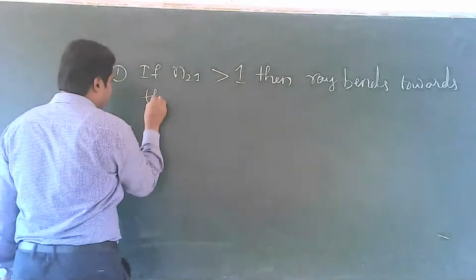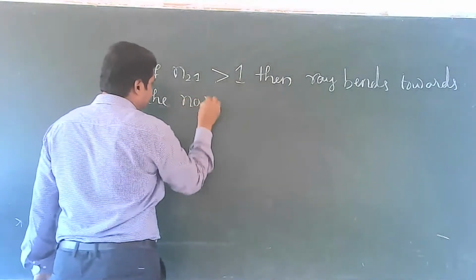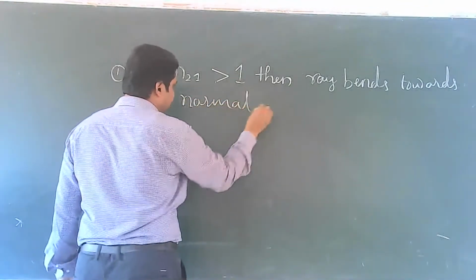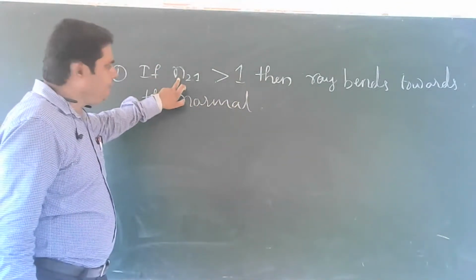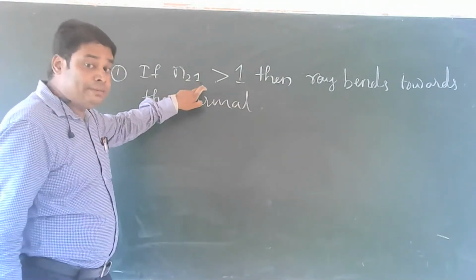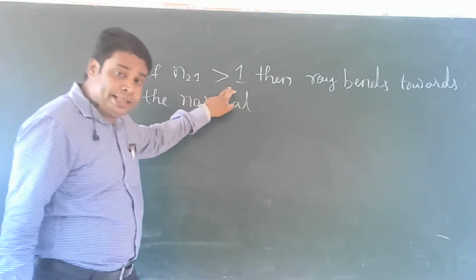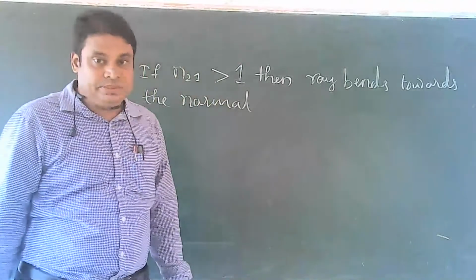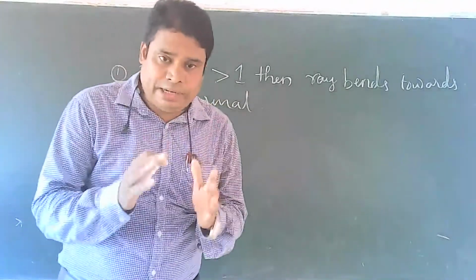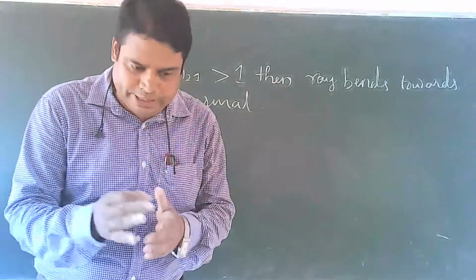Bends towards the normal. If the refractive index of the second medium with respect to the first medium is greater than 1, then the ray bends towards the normal.